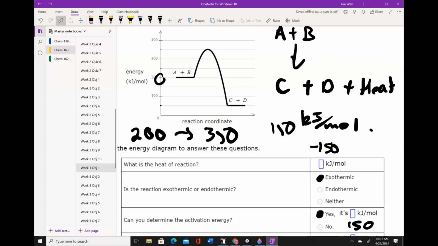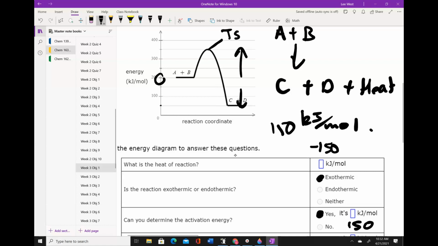Now, can I determine the activation energy of the reverse reaction? Of course I can. I've got an accurate energy diagram that is labeled with all of the energies. So to get to the transition state going in the reverse direction, I've got to go from 50 up to 350.